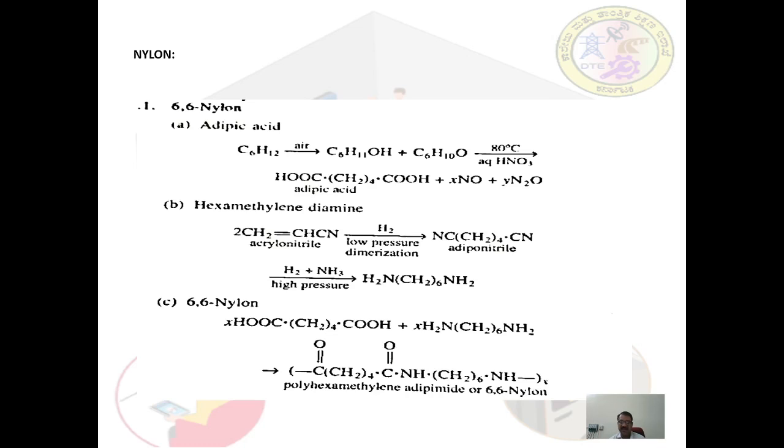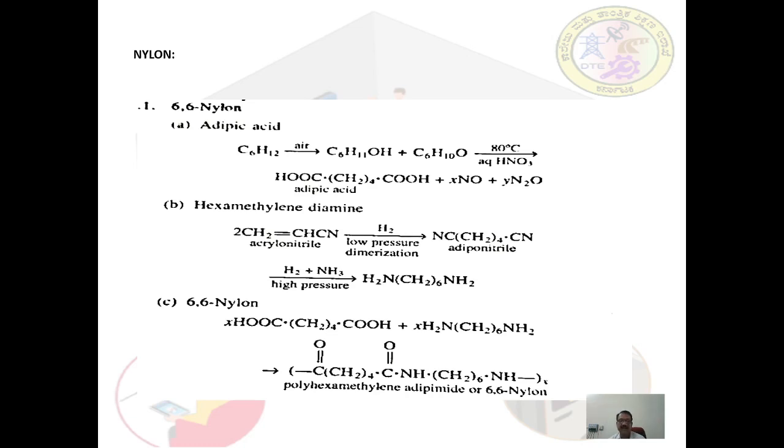In the nomenclature, the first number refers to the number of carbon atoms in the diamine and the second number designates the number of carbon atoms in the dibasic acid.